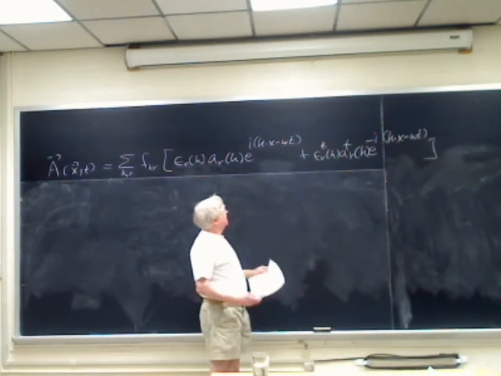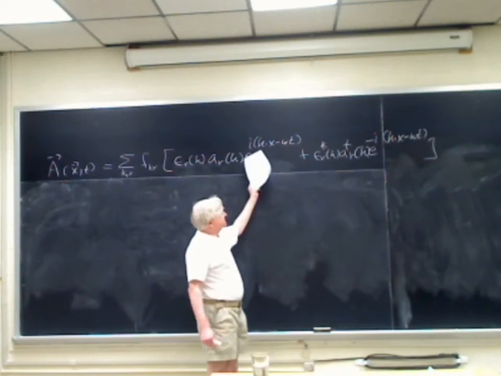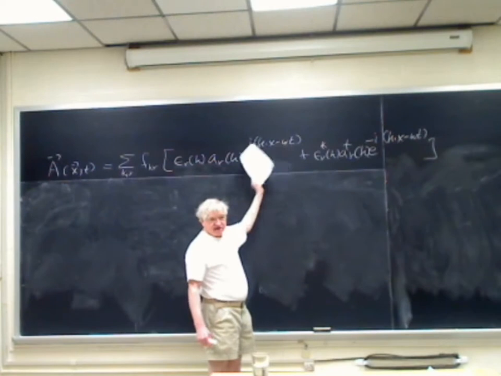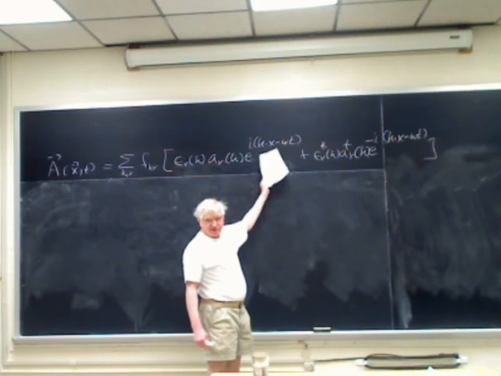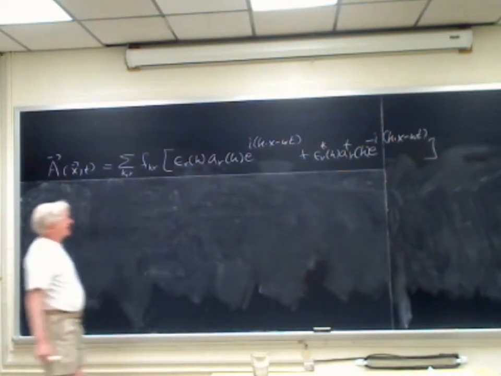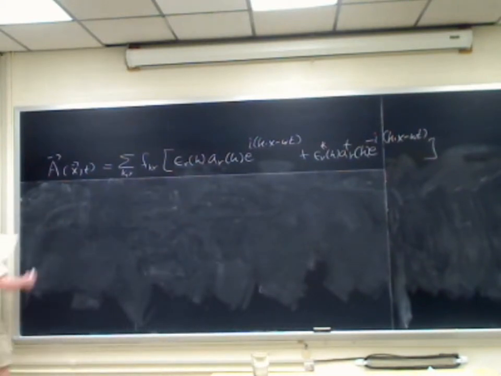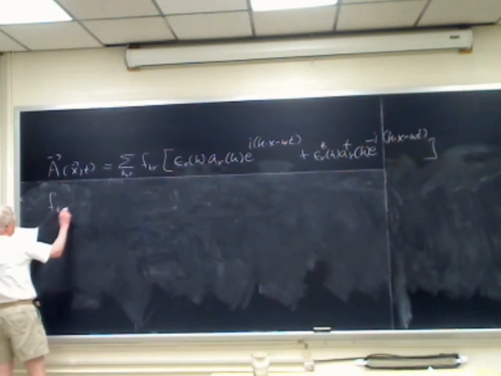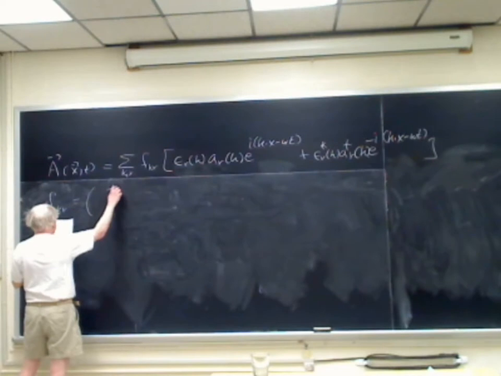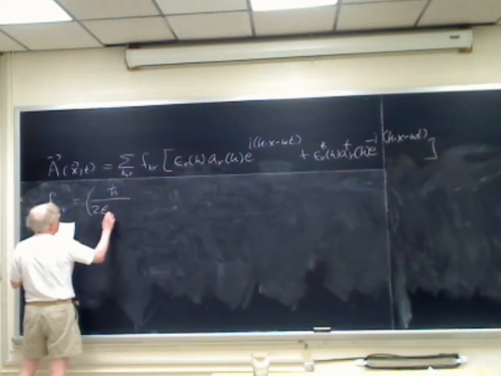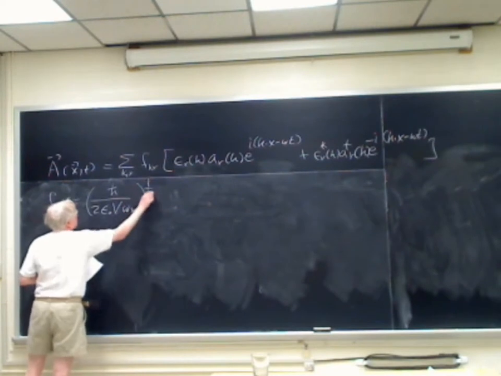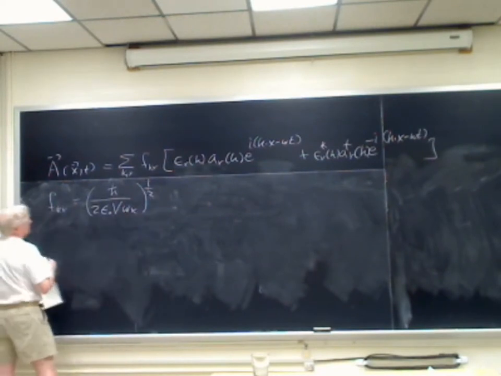But I guess in those days, they didn't realize that k was the momentum of the photon and omega was the energy. So they didn't realize that this was a dot product of two four vectors. But it is. f_kr is just an abbreviation that I'm using for the square root of h bar over 2 epsilon 0 V omega k, and so I'm doing this in SI units.